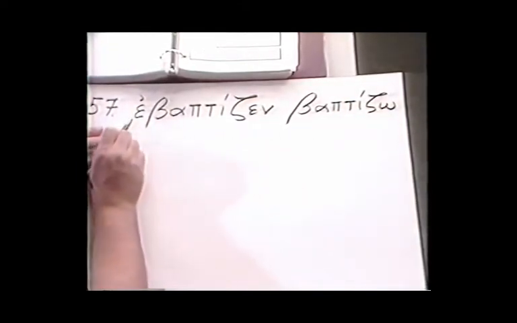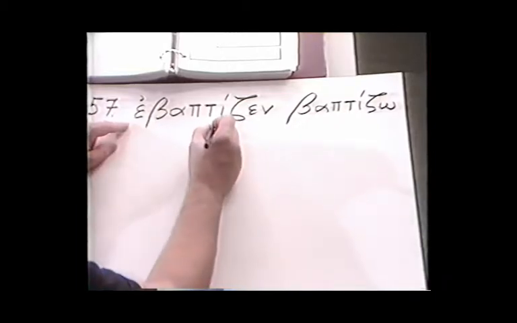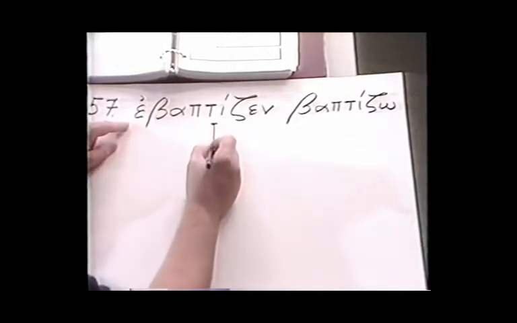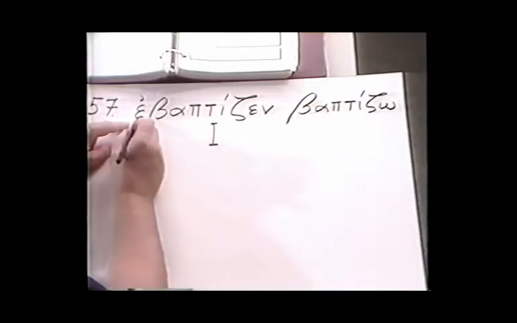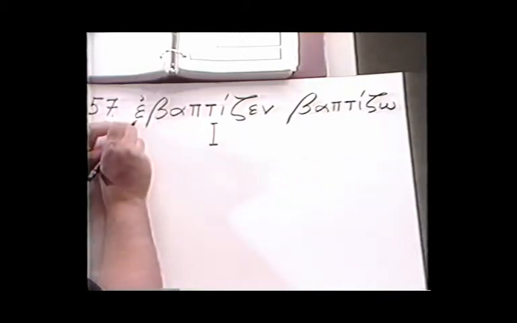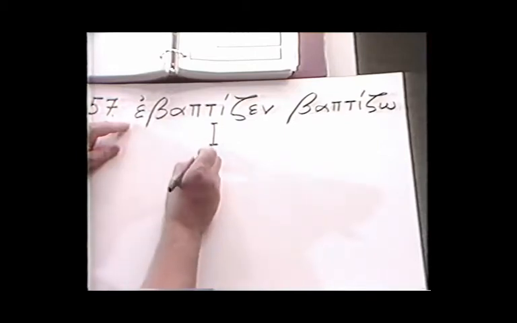Is there an augment? Yes, there is an augment. And if there is an augment, first thing we write down is indicative. Why? Because the augment shows past time, and only in the indicative is time an element. That limits us to one of three tenses which can show past time: the imperfect, the aorist, or the pluperfect.